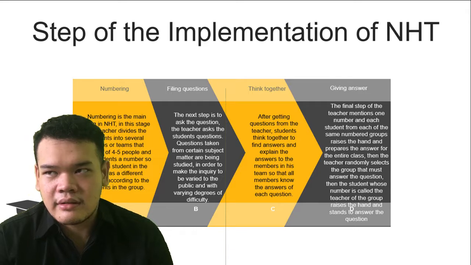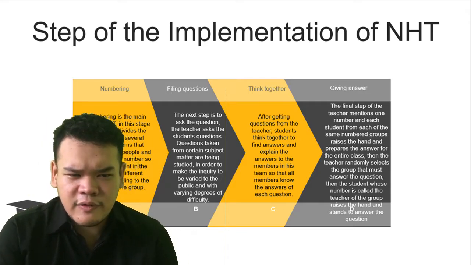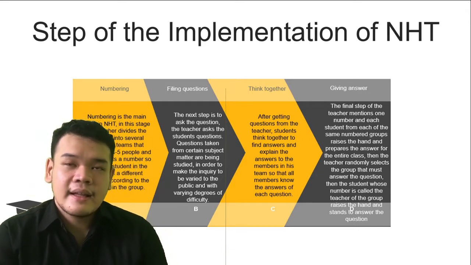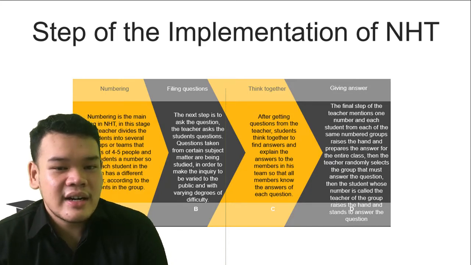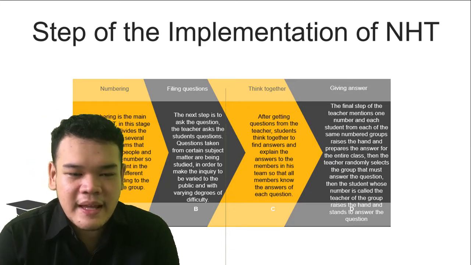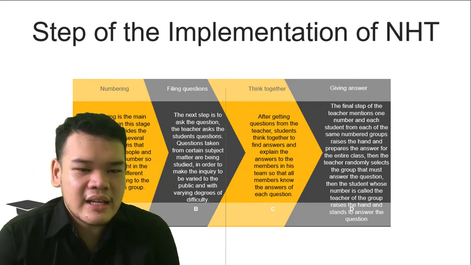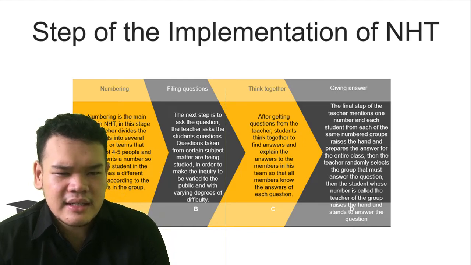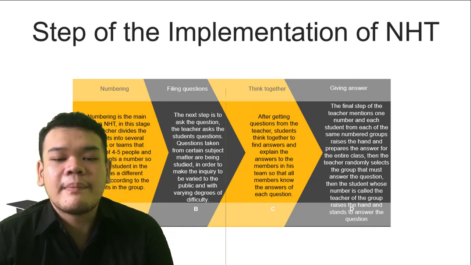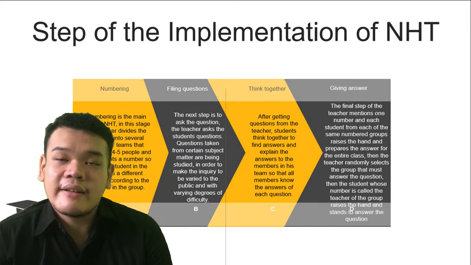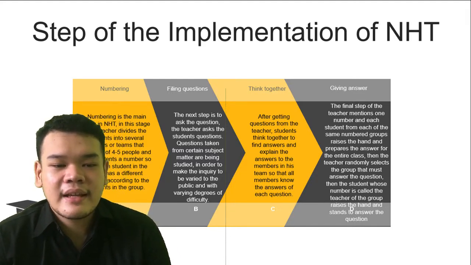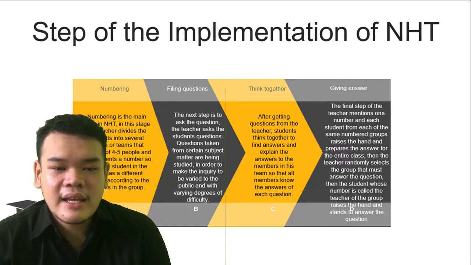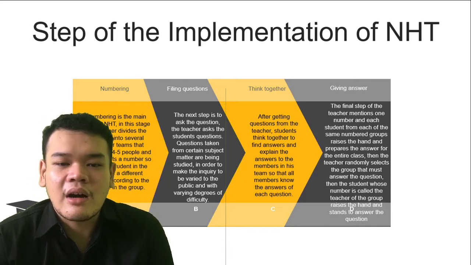The second step is filling in questions. The next step is to ask questions. The teacher asks the students questions taken from certain subject matter being studied, in order to make the inquiry varied to the public and with varying degrees of difficulty.